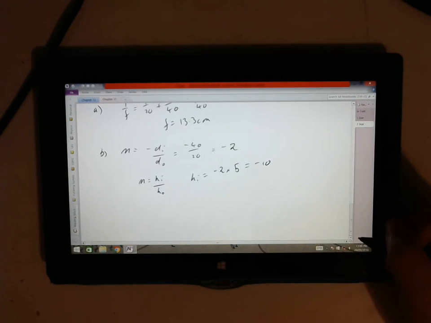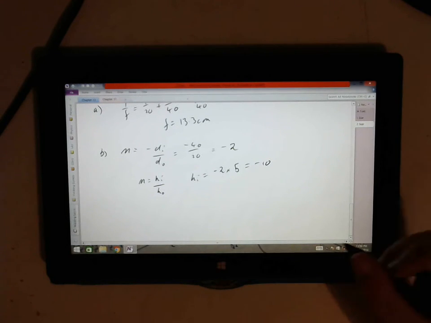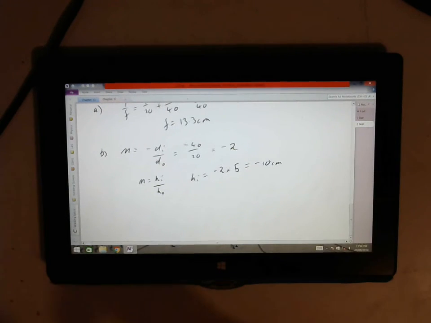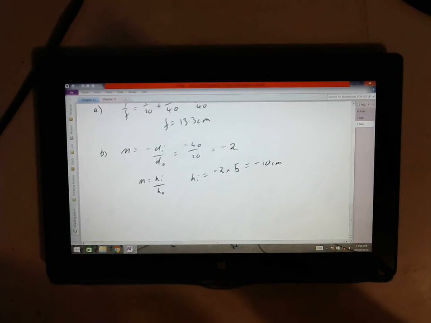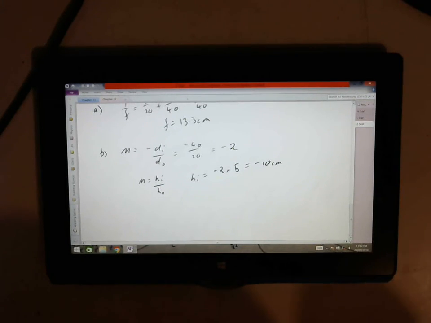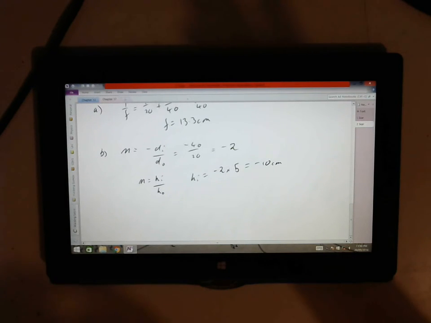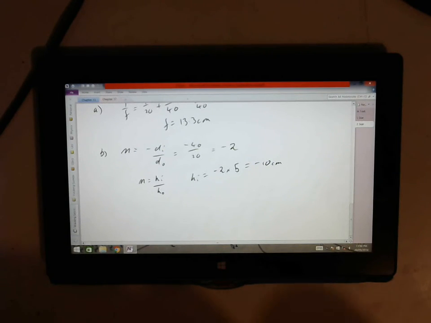So there's our size. Now the answers are saying size, and size is kind of considered scalar. The direction doesn't matter. Part D it matters for, whether it's upright or inverted. However, commonly a lot of these will just be saying, oh yeah, it's 10 centimeters tall. The fact that it's upside down doesn't matter to the perspective of the image.